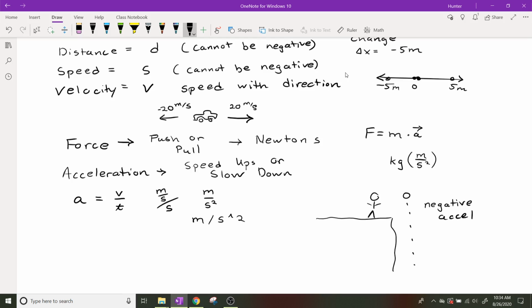I think that would be a good thing to talk about in terms of dimensional analysis. So I'm going to write this up here too: all the units have to be the same on both sides of an equation. Units must be the same on both sides of an equation.